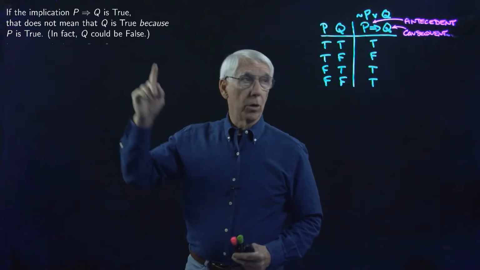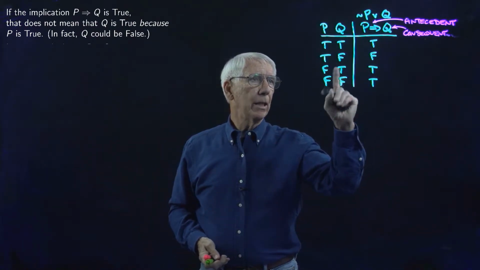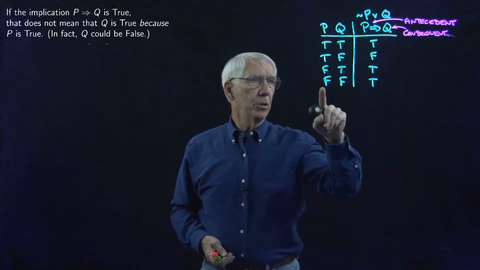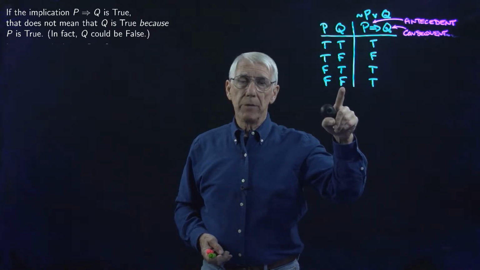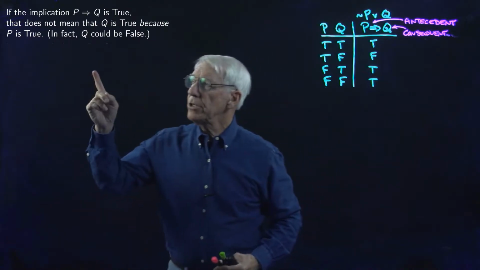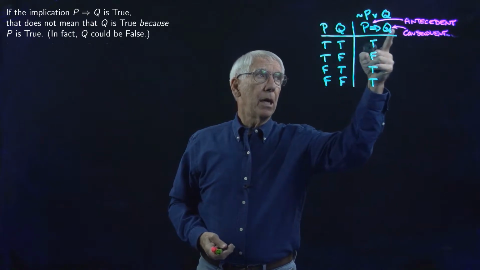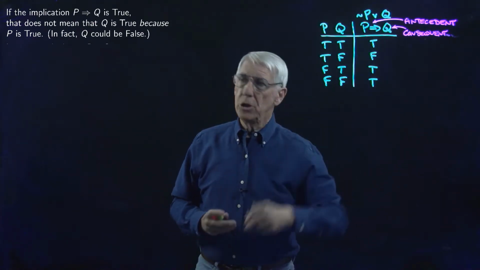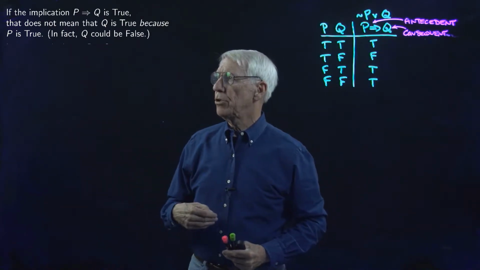In fact, it's possible that the consequent is false and the implication statement is true. If the antecedent was false as well, then Q could be false and the implication would be true. So the fact the implication is true doesn't mean necessarily that the consequent is itself true, and even when the consequent is true, it's not true in some sense because P is true.